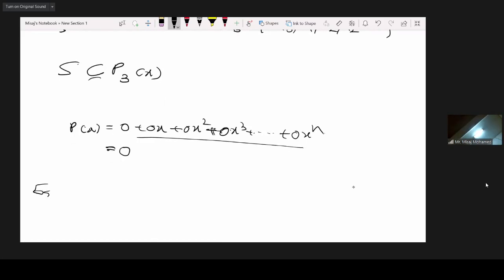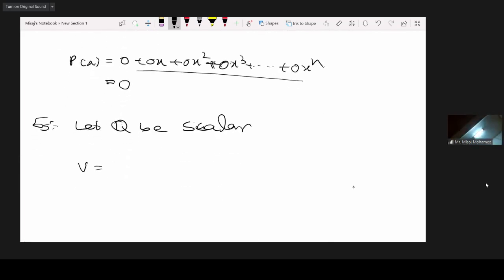Another different type of example. Let Q be the scalars, and V is equal to a plus square root b, where a, b are rational numbers.